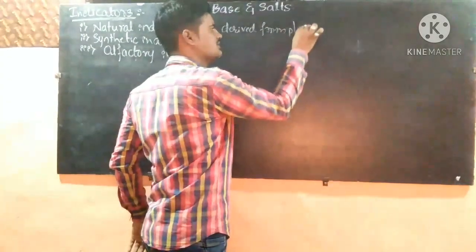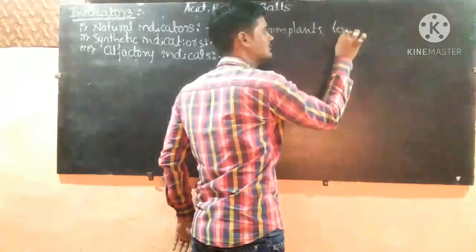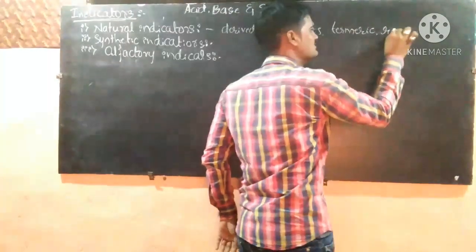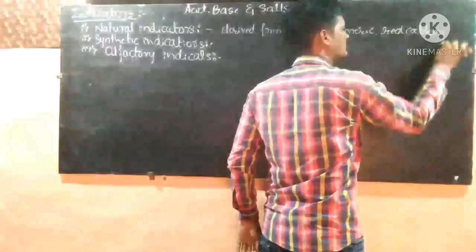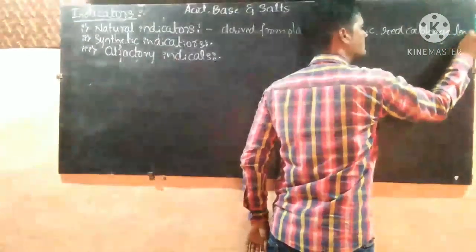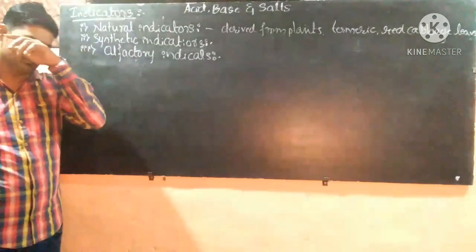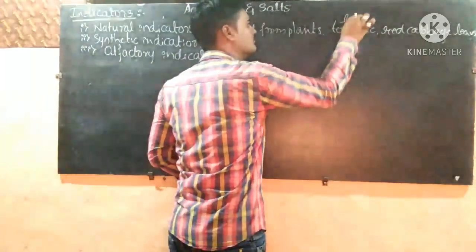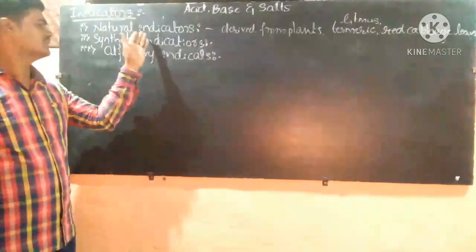Some examples of natural indicators we can take are turmeric, red cabbage leaves, and also one more example, litmus. These are the examples of natural indicators.